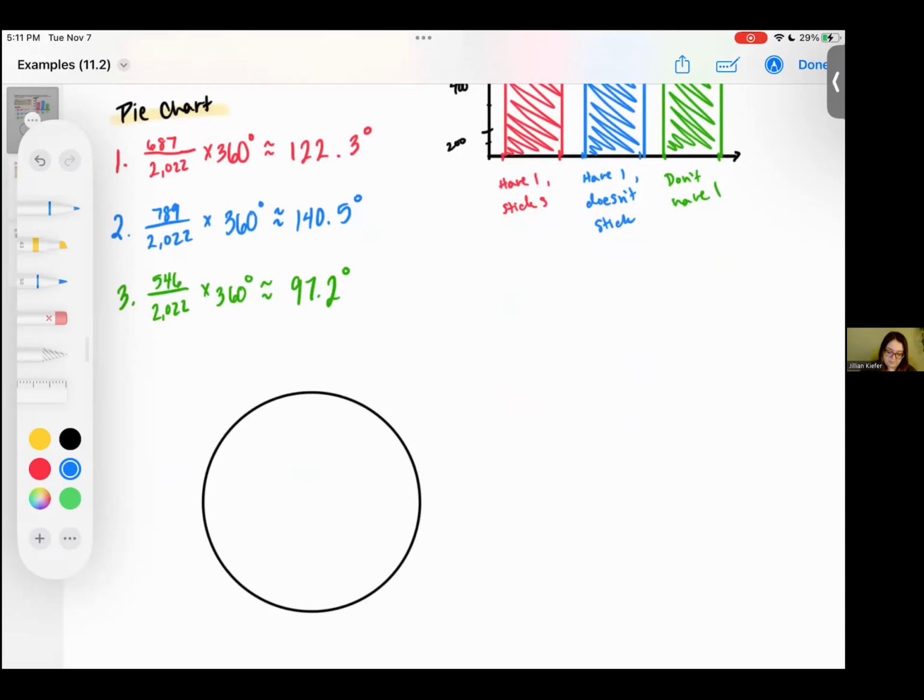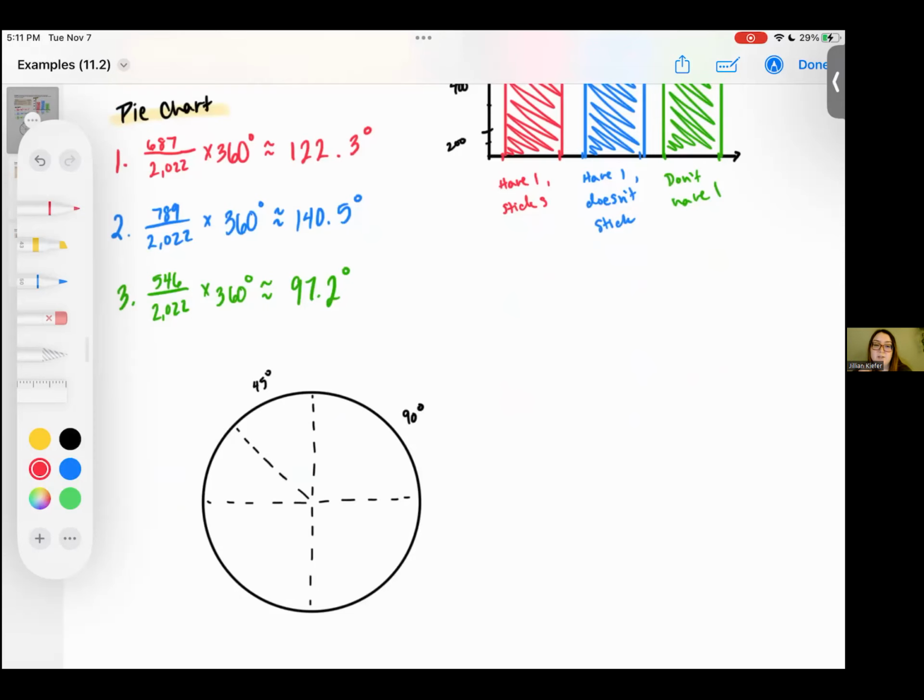Another thing we can do to help us a little bit here is divide up our pie. If we divide our pie into 4, we know that each would be a 90-degree segment. So if each is a 90-degree segment, and this here would be a 45-degree segment, then 90 plus 45 is 135.